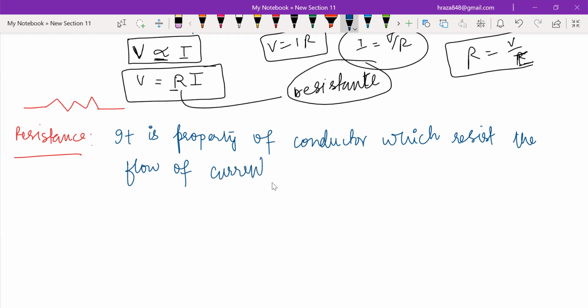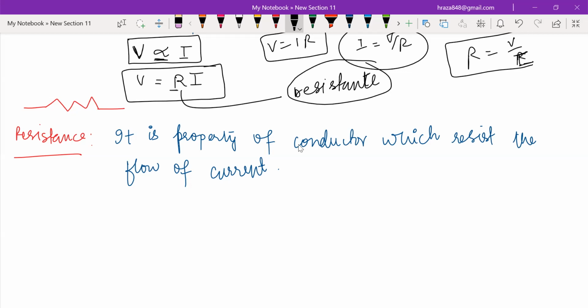That means it is a property which does not allow the current to flow. Is that clear? Yes, sir.